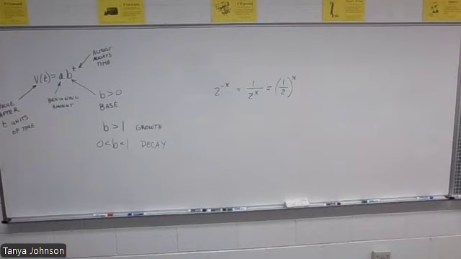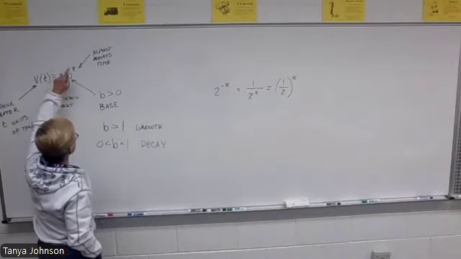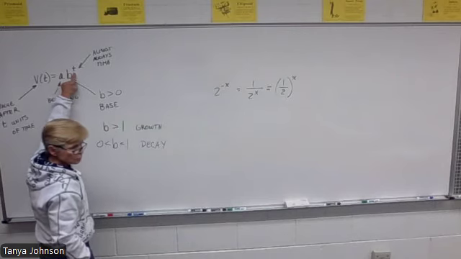What is A? Do you know what A is from looking at this, without looking at the solution? It's 4. Remember I told you that A would be the value that kicks out when the independent variable is 0? So look where x is 0.